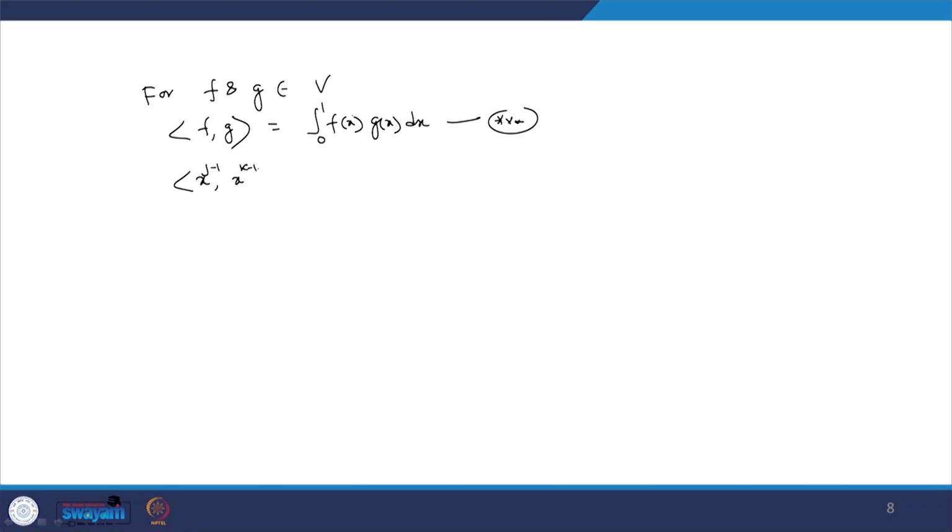For f and g belonging to V, the inner product of f and g is the integration from 0 to 1 of f of x and g of x dx. Let me consider the inner product of x to the power j minus 1 and x to the power k minus 1.